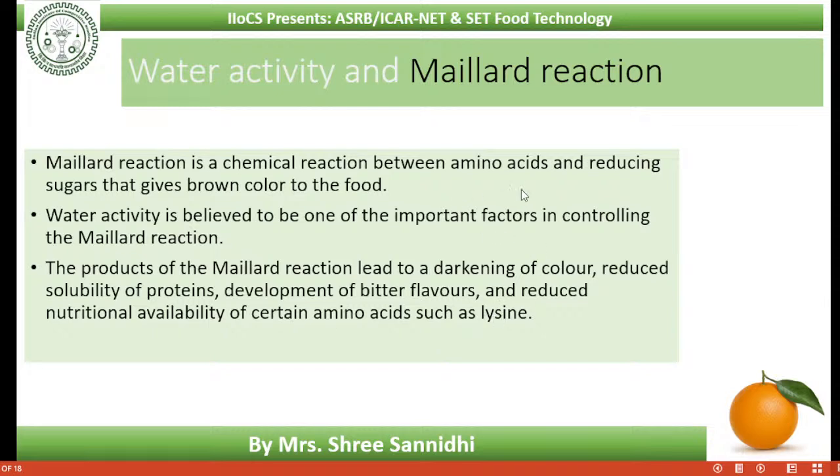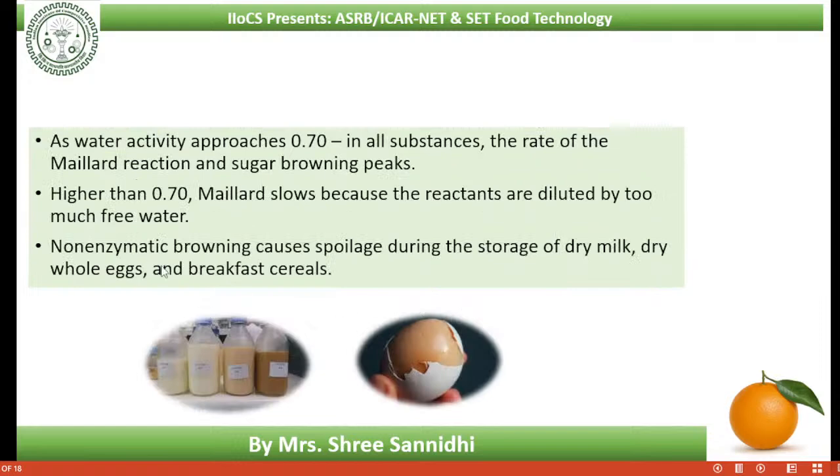So in the definition itself you can see that some amino acids will react with the reducing sugars, right? So such amino acids will be lost. So for example, we have lysine. Okay, lysine usually goes for the Maillard reaction, especially in milk.